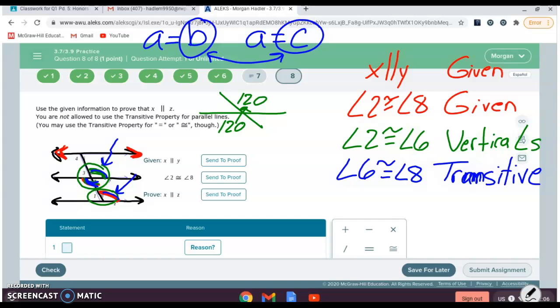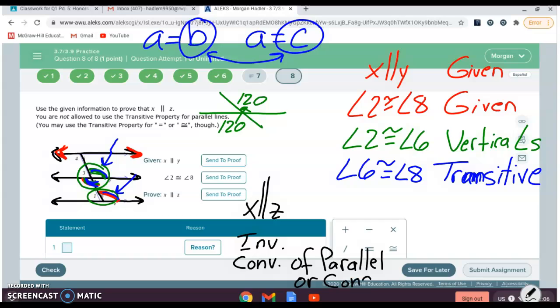I'm pretty sure you can go right ahead then and say that X is parallel to Z. Let me think. Just to be safe here, if that doesn't work, I think you will then be able to say X is parallel to Z, and it would be, I don't know the exact reason they have in the drop-down, but it'd be something like the inverse or converse of parallel or congruent.